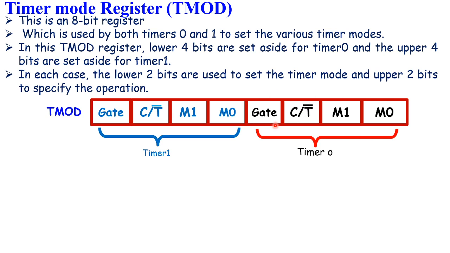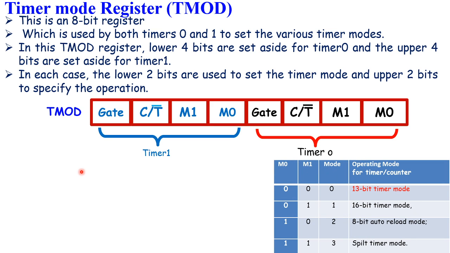These are the flag bits, and this lower nibble of 4 bits is reserved for timer 0. Using these 4 bits, timer 0's various modes can be selected. The remaining upper nibble of 4 bits, D4 to D7, is reserved for timer 1. So this is the format of the TMOD register.